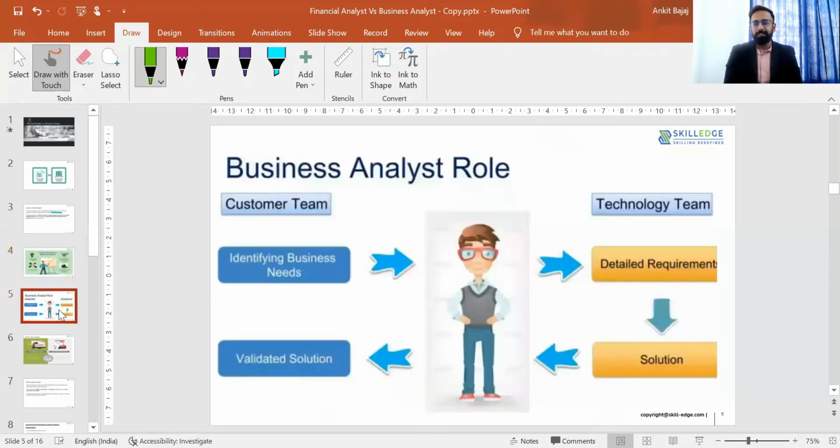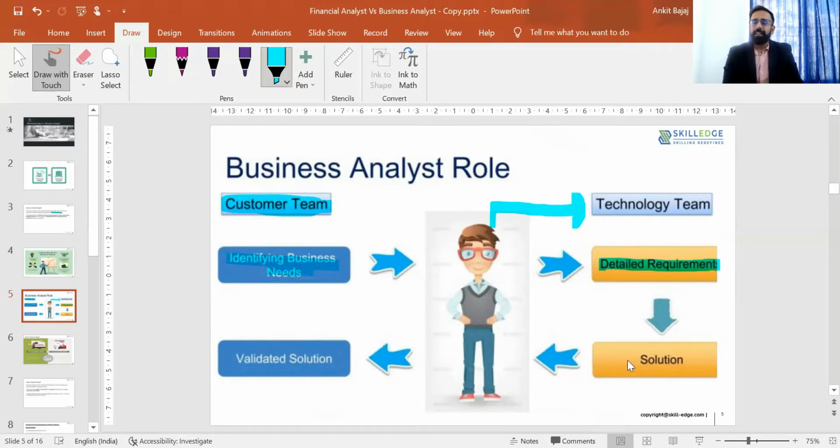Now if I tell you the process, business analysts identify the business needs, that is, where they need to make changes to run the business properly or successfully, right? On the customer team side, they will be identifying the business needs. Then the business analyst will work with the technology team and search for the detailed requirements, that is, where they have to make the amendments and changes.